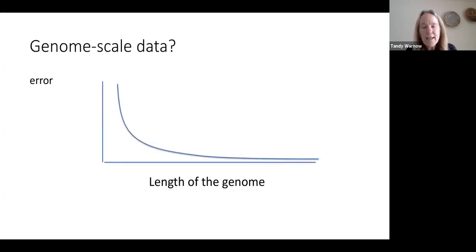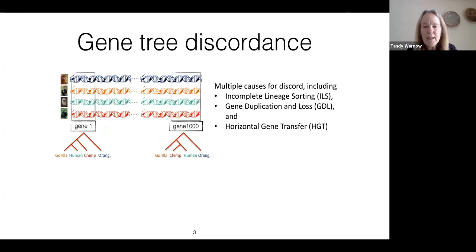Genome scale data gives you this idea that maybe you can get at the species tree because you have enough data. The problem is that across the genome, you can have different trees, and there are multiple causes for this. We actually heard about 3 in the previous talk. Incomplete lineage sorting is one, gene duplication and loss is another, and horizontal gene transfer is a third.